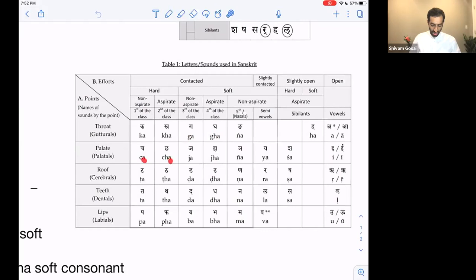If it's cha or ja, they're all going to become ja. So if it's any one of these two, it's going to become soft, or if it's already soft, it's going to become alpa prana. If it's a hard consonant, ta or tha, it's going to become da. If it's already soft, it's just going to become the alpa prana, this non-aspirate da.